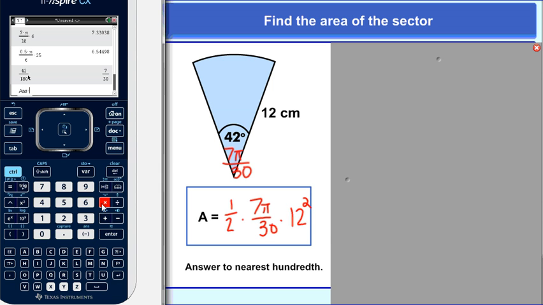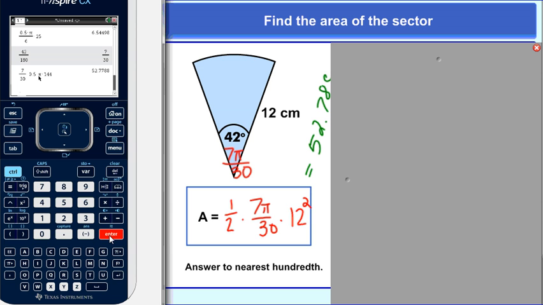So we multiply this by 1/2, by pi, and by 144. Okay, so that gives us 52.78 to the nearest hundredth, centimeters squared.